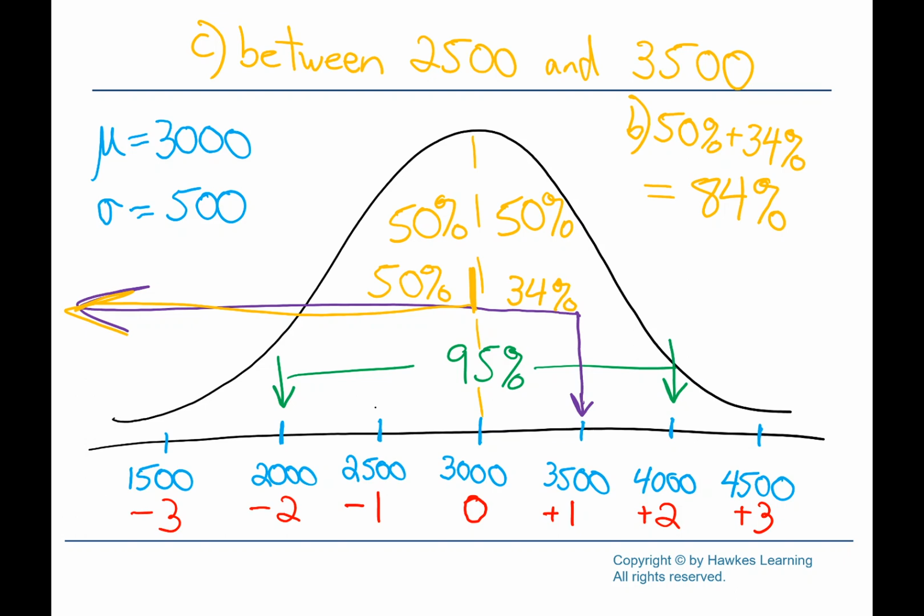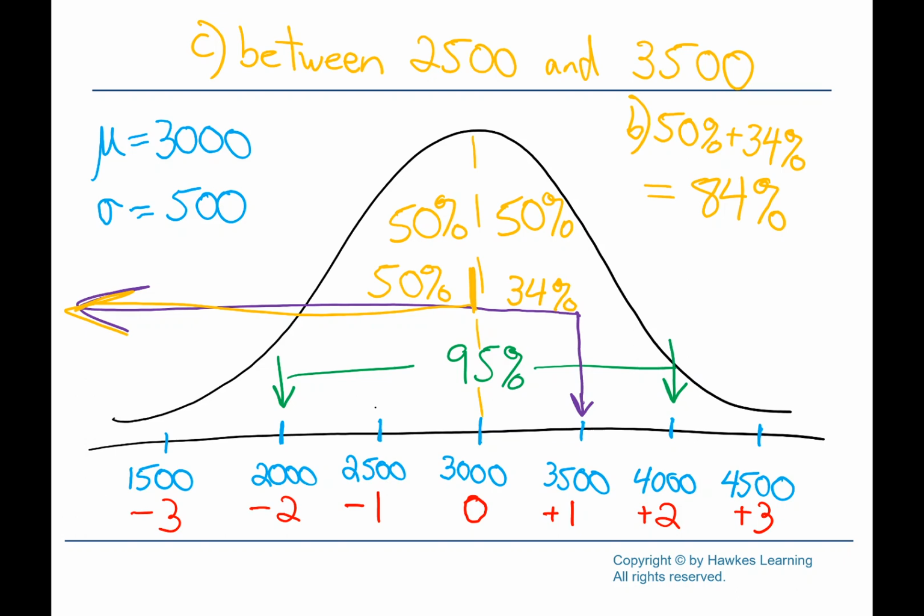But we don't want all of it. So what can we do? We can do 100% minus the 99.7% that's in here. That'll tell us how much is on both sides, but we only want one side, so you divide by 2, and it'll give you the percentage up here. So 0.15%. Okay, that is 3.2.